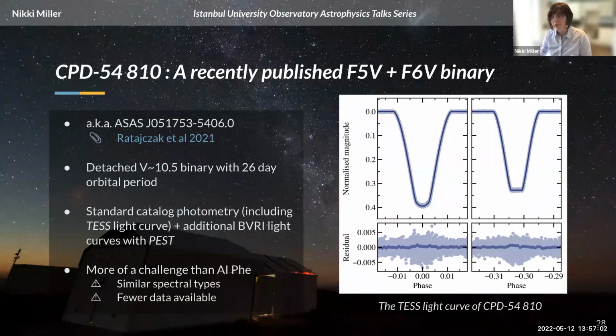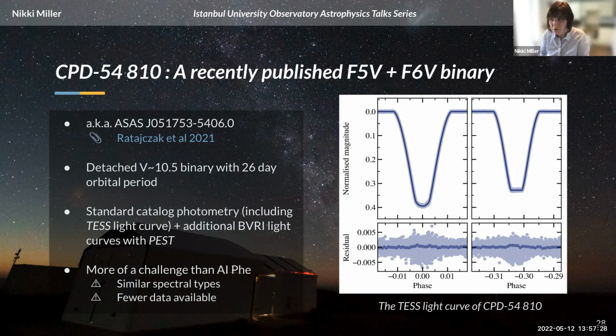The two components are actually quite similar, and we have a TESS light curve, but that was it. The ASAS and the WASP light curves that we had were not very good quality, so we had to go and obtain some additional light curves, which did add to the time it takes to analyze the system.